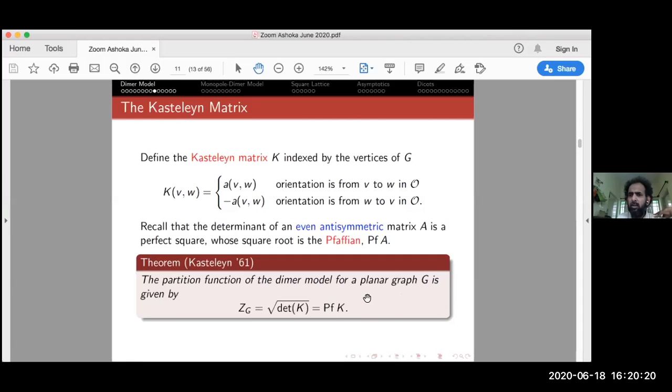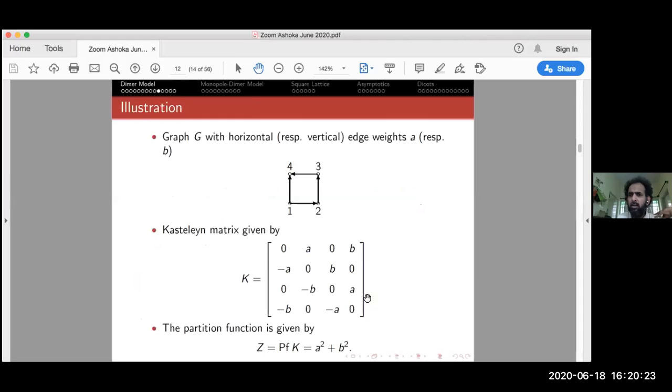So let me illustrate this with a really baby example. So consider this square. I have labeled the vertices in a counterclockwise way, and not all of the edges go counterclockwise. I have deliberately chosen the 1,4 edge to go clockwise.